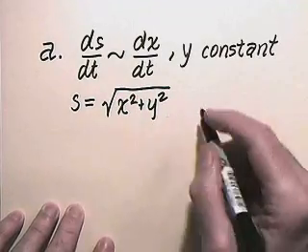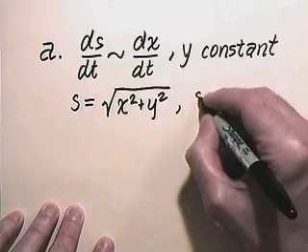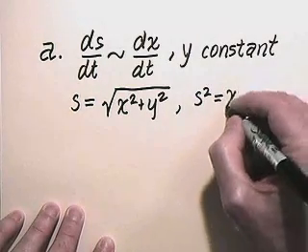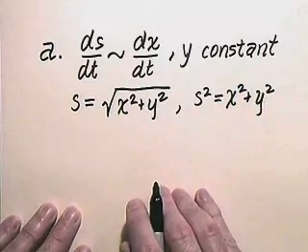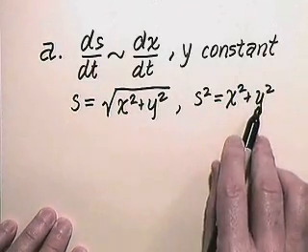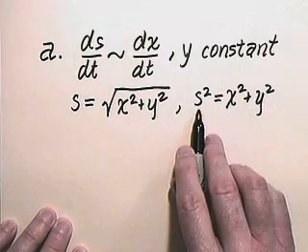And here what I'm going to do is square both sides to get rid of the radical. This equation is saying the same thing as s squared equals x squared plus y squared. So now, in this equation, I'm thinking of y as constant and x is depending on time, s is depending on time.